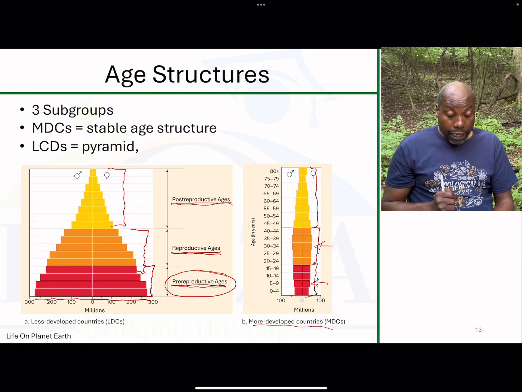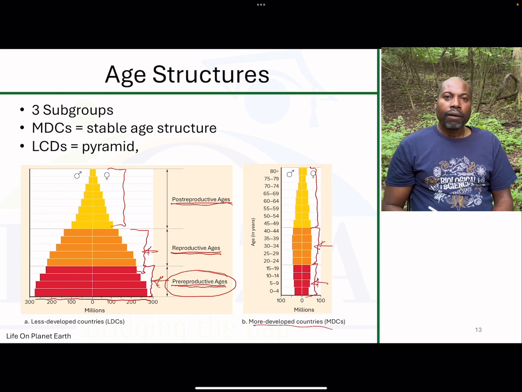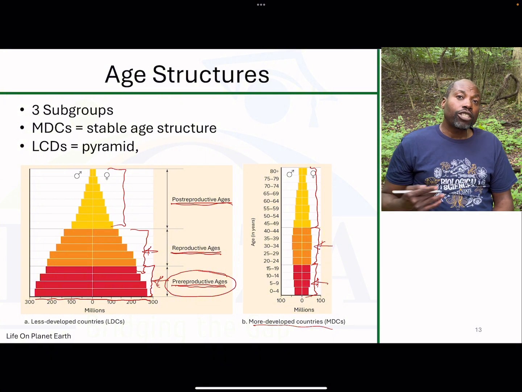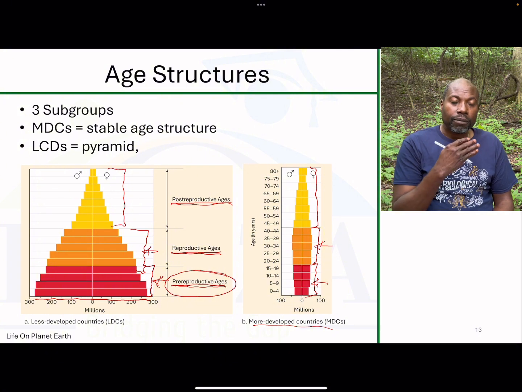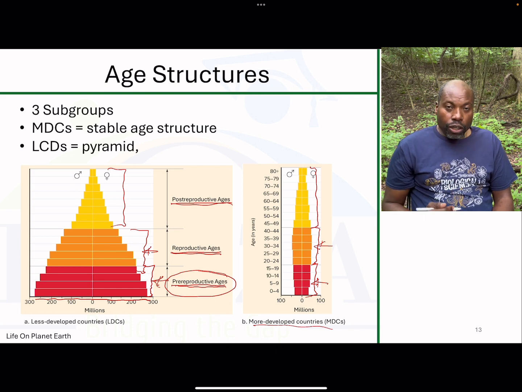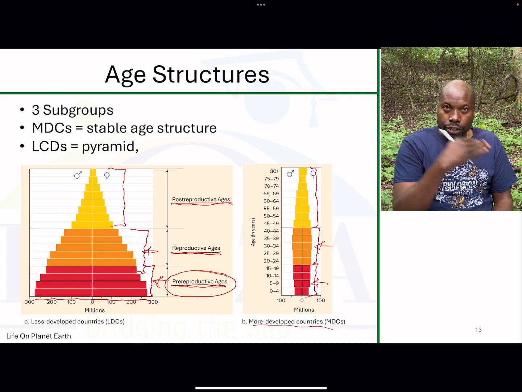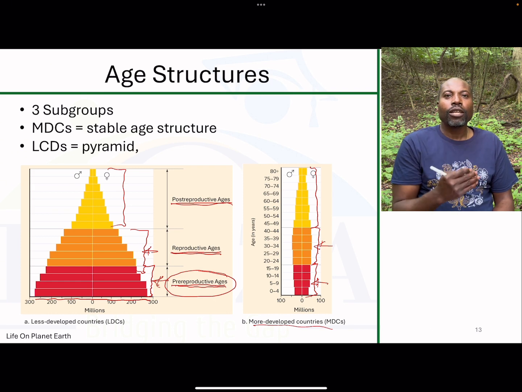While in less developed countries, we have multiple children per one adult in a reproductive group, which means that this population will keep increasing because the children who are now children are going to become adults and enter the age of reproduction, and the population will explode over time.